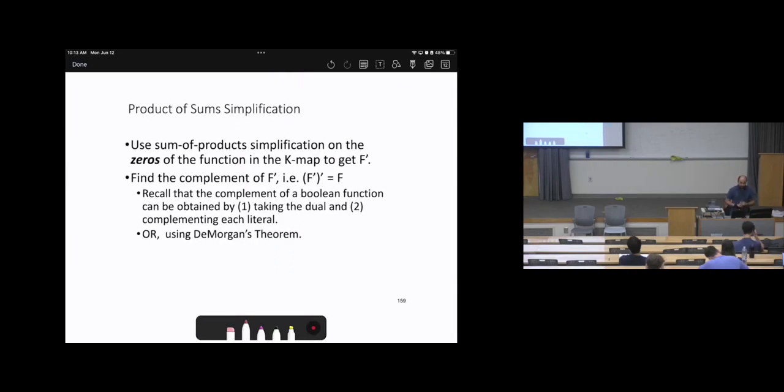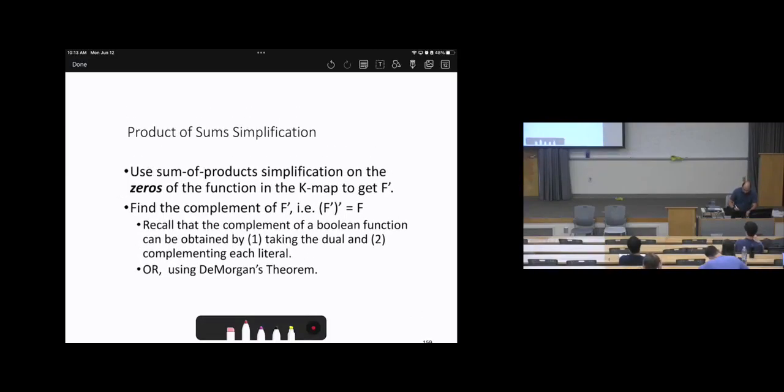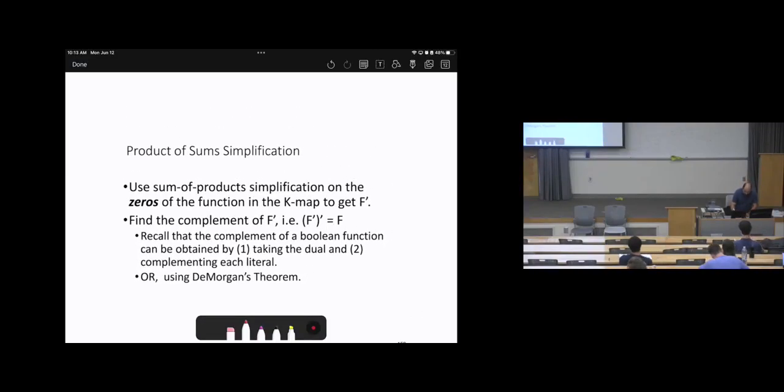Now in Karnaugh maps, we did the simplification which is sum of products. That was what we used to do, which is basically based on minterms, which is the location of ones.